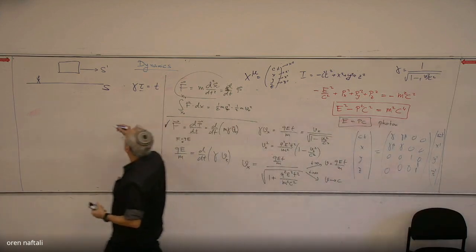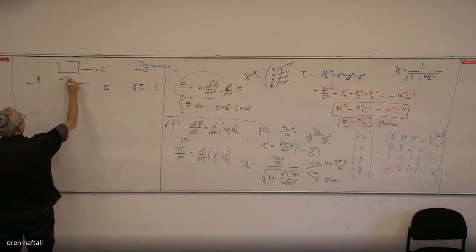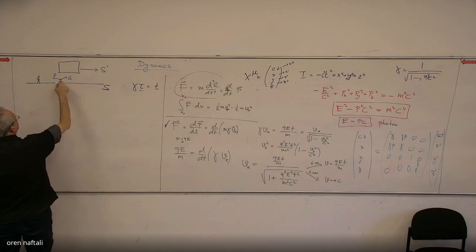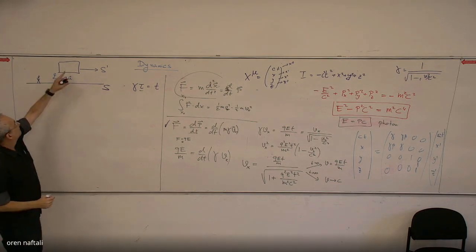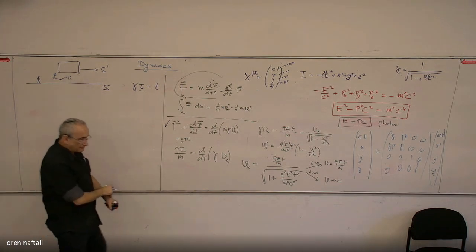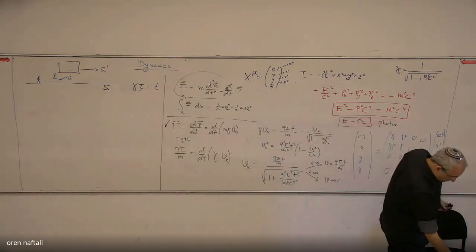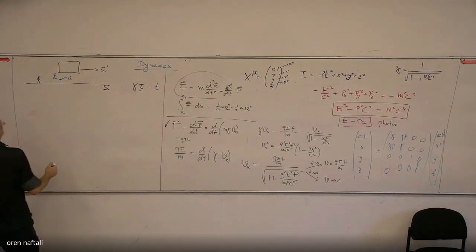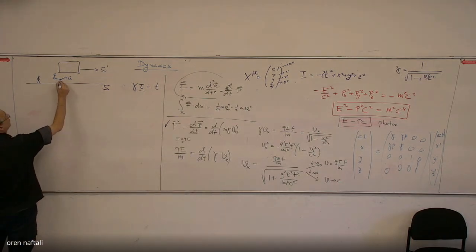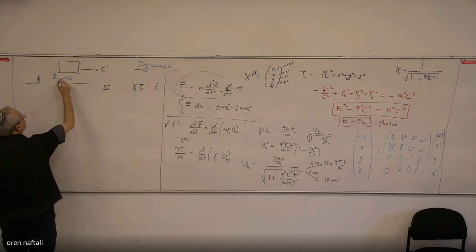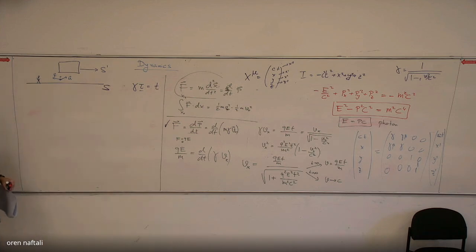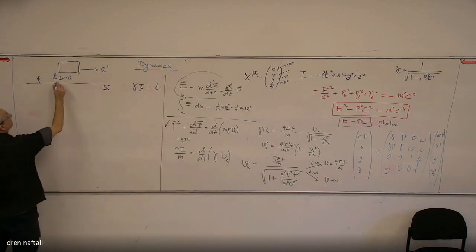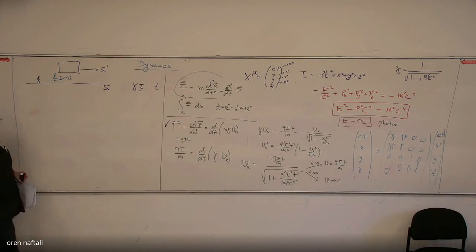Suppose at S we have a particle moving at a velocity u, and there is some force F that acts on this particle in S. How do I move it to S prime? I wanted to derive these relationships, but I have no time for that, so I will just write it. First of all, I have to distinguish between components of F that are perpendicular to the relative direction of motion, and the components of F that are parallel to the direction of motion.